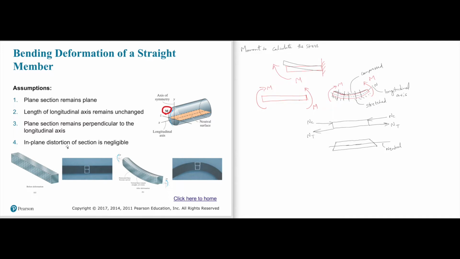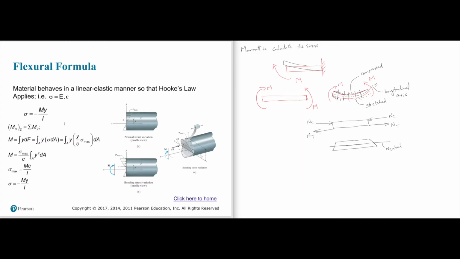We need a special theory to discuss those cases. So we will develop a concept that takes these assumptions into account. Now, we will develop something called the flexural formula. This flexural formula gives a relation between stress and moment, saying sigma equals negative My over I.